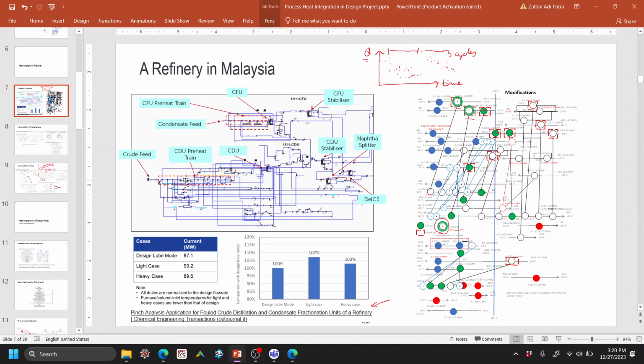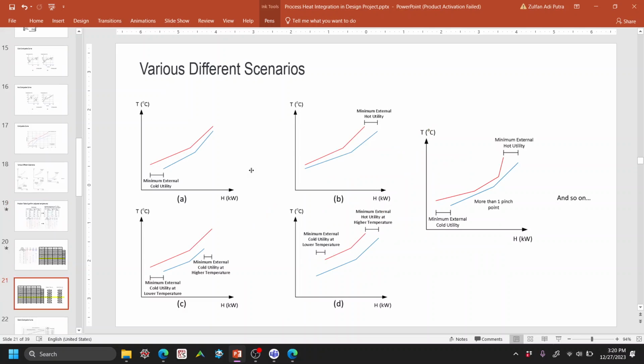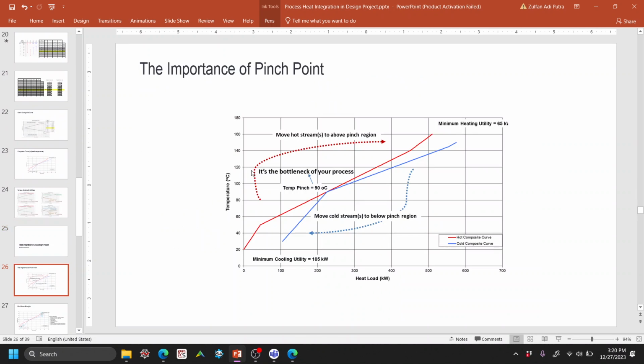So assume that if we don't have any of this feed preheat train, then the feed will still be liquid, and in this fire heater of the CDU, it will have to supply a lot more energy to vaporize the feed. But if we have all of these heat exchangers, we'll have a feed partially vaporized already, which can reduce the load of our fire heater, or the external utility as we call it.